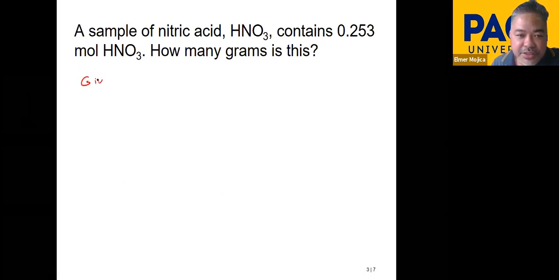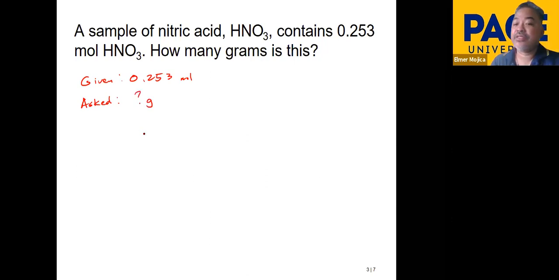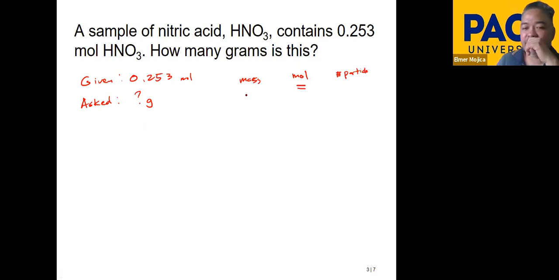If you look at this, the given is 0.253 moles, and the one that is being asked is, what's the equivalent mass of that? If you look at the relationship that they have there, what is your starting point? Your starting point is this one, and you are asked to go here.